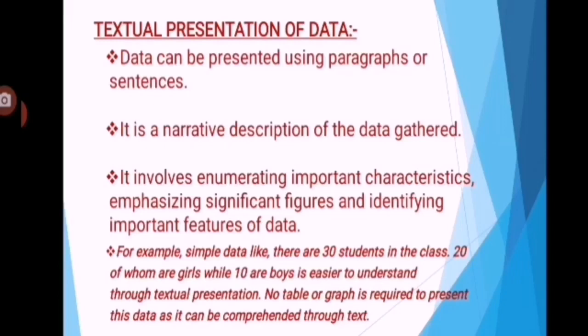For example, simple data like there are 30 students in the class, 20 of whom are girls while 10 are boys, is easier to understand through textual presentation. Here no table or graph is required to present this data as it can be comprehended through text.